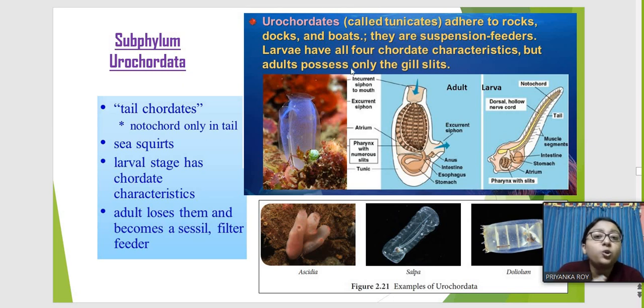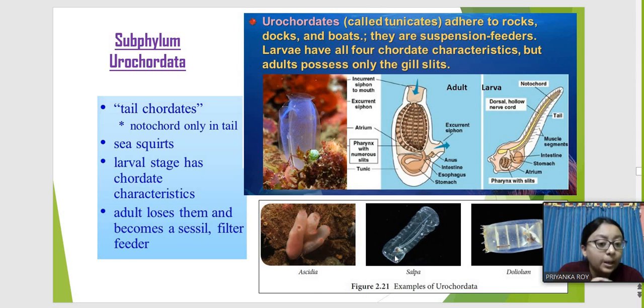They are also called tunicates because they have a tunic, or outer covering, like you can see, and this is the notochord which is there in the tail region of the larva. So therefore the name comes like this, Urochordata.